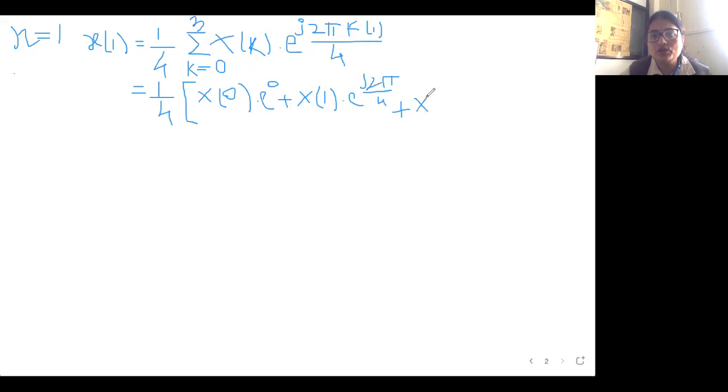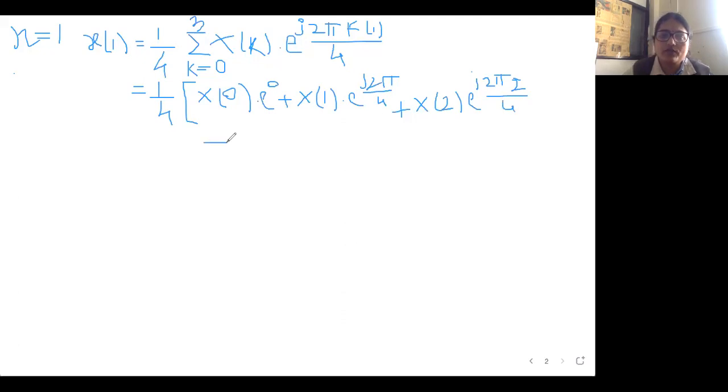k is equal to 2. So it is going to be x of 2 multiplied by e raised to j 2 pi k, and the value of k is now equal to 2, so I am writing here 2 divided by 4.